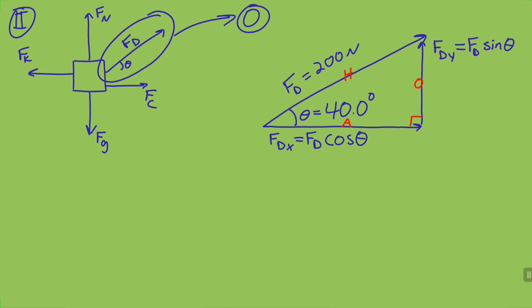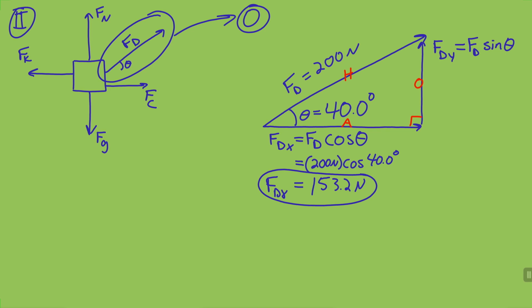So now I'm going to put in my numbers and figure out what these things actually are equal to. So F sub dx is equal to F sub d, so 200 newtons, times the cosine of theta. Theta is 40 degrees. And if I do that in my calculator, it's going to tell me that F sub dx ends up being 153.2 newtons.